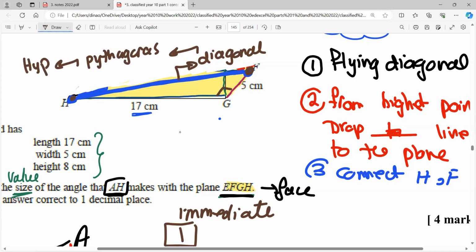Why? Because this angle over here is 90 degrees. You might say, Miss, it doesn't look like 90. I will give you the same answer: nothing is taken by the look of the drawing. It says in the question that this is a cuboid, so all of the angles are 90 degrees.